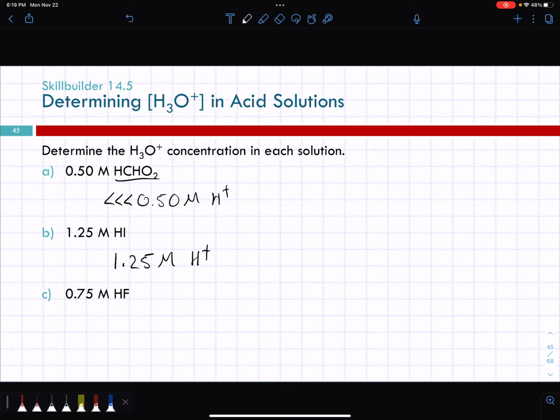So again, I guess the way I should have written this is the H plus concentration is going to be much, much less than 0.75. Let me fix this. All right, so there's going to be some concentration, but it's going to be small.